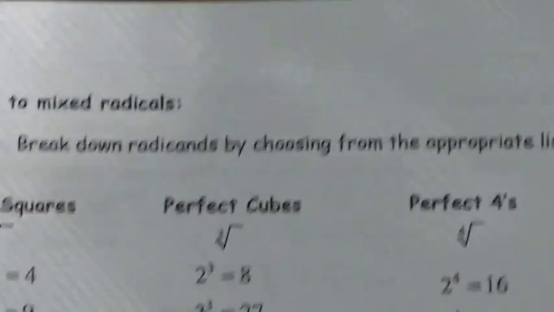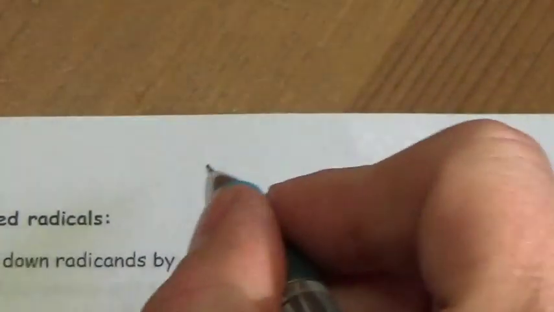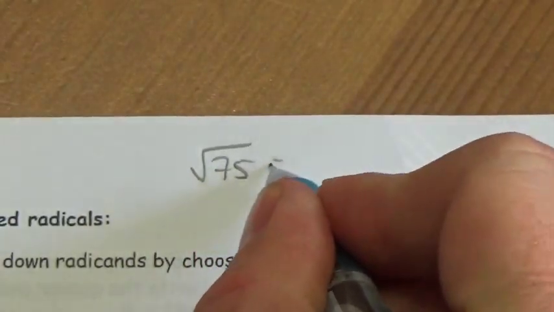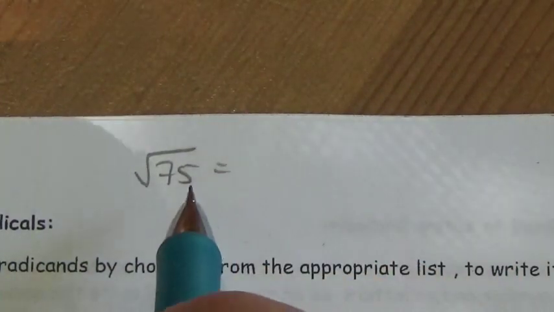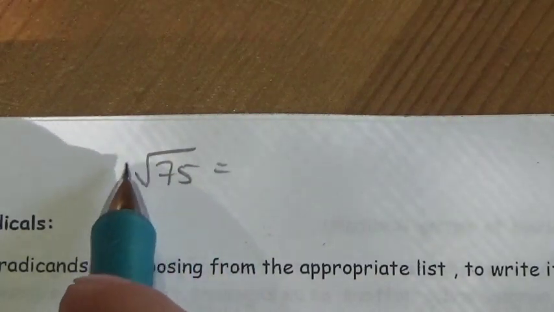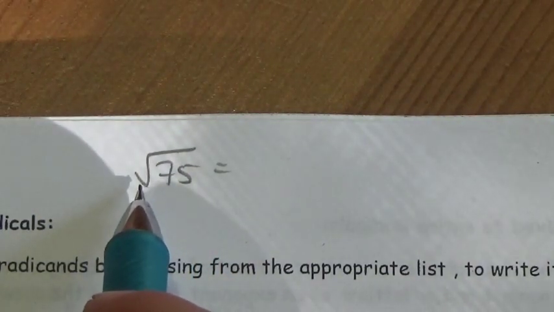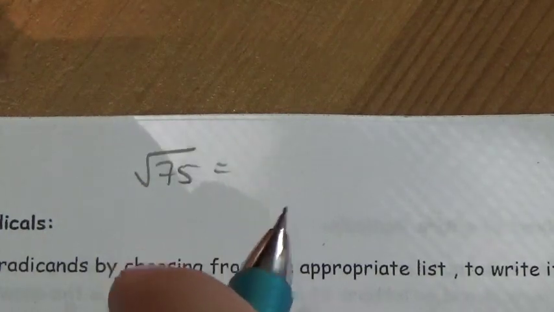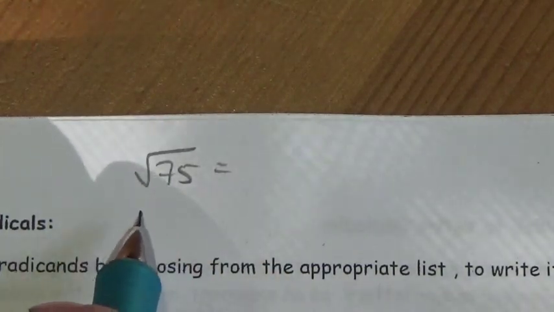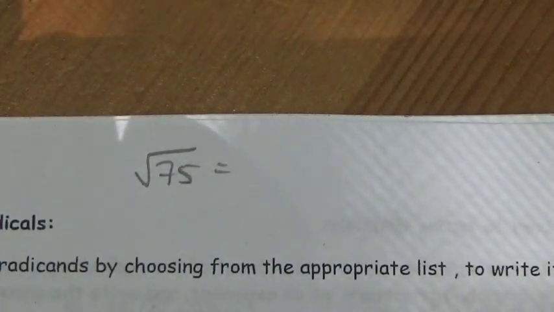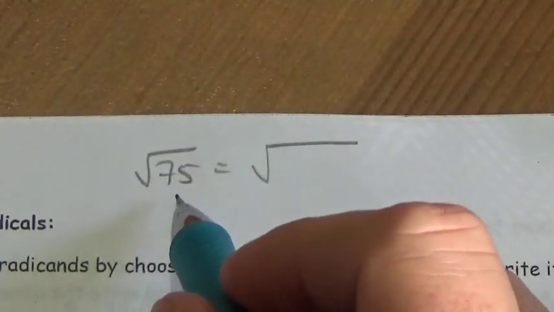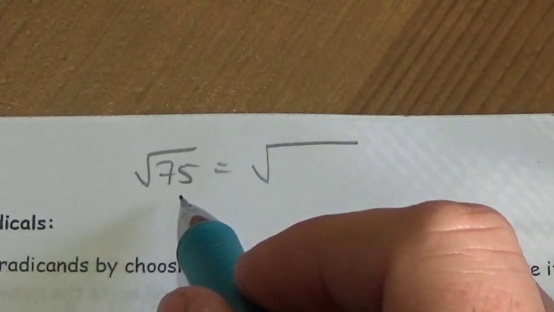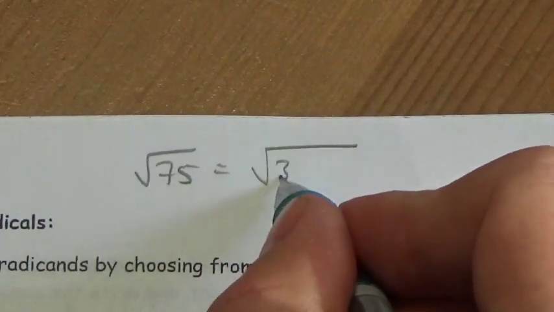Let's say for example that I was to ask you what the square root of 75 was in reduced form. What I would need you to do here is to look at this, realize that I'm asking you for a square root. So then you would think, okay, what's the largest perfect square that is a factor of 75? 75 isn't divisible by 2, but it is divisible by 3.